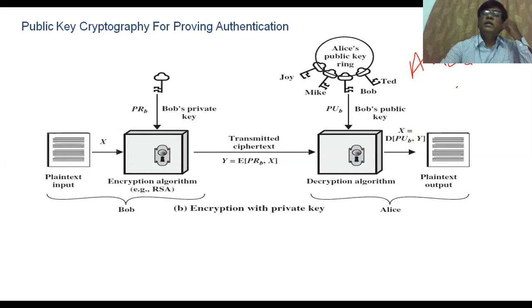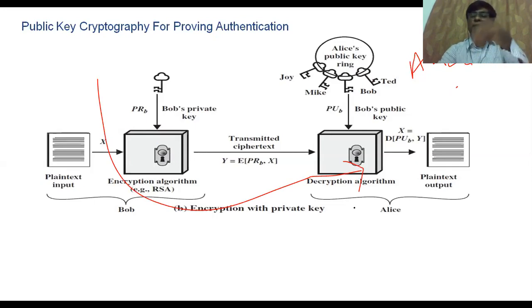Now here, what I explained previously: suppose Alice received a box, and that box is opened by using Bob's public key. That means that box was sent by Bob only.